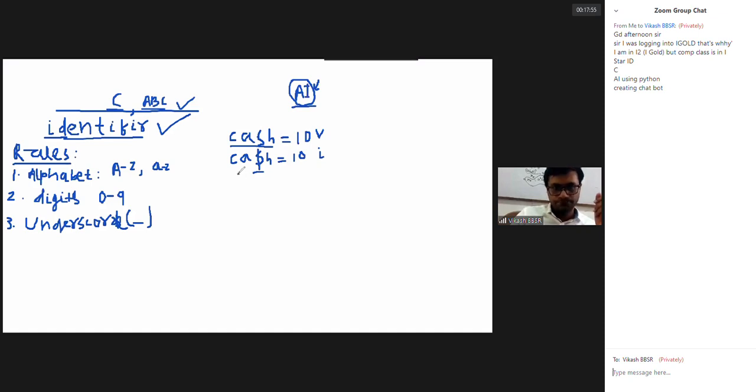Very good. So syntax error will come, and it will write invalid syntax. Clear?